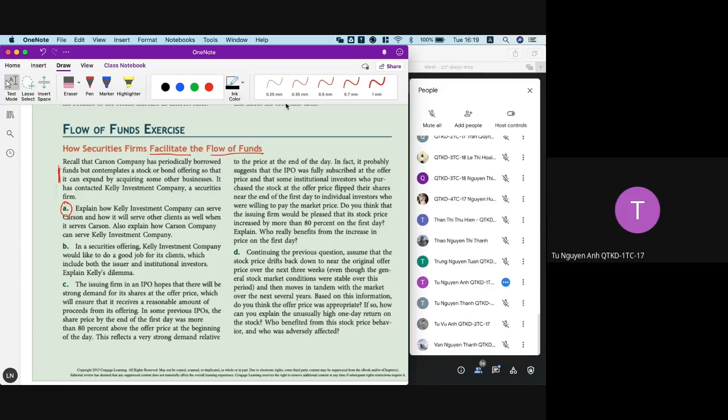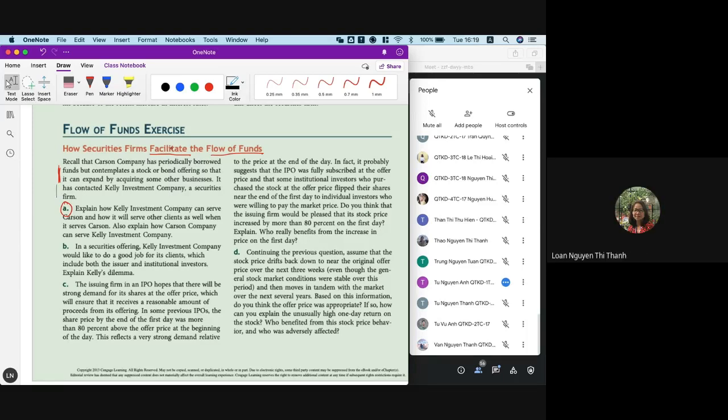Serve by issuing stock or bonds. Mm-hmm. It is a security firm. Yes. Carson wants to obtain the fund to support the expansion. So Kelly offers stock and bond. I think stocks.